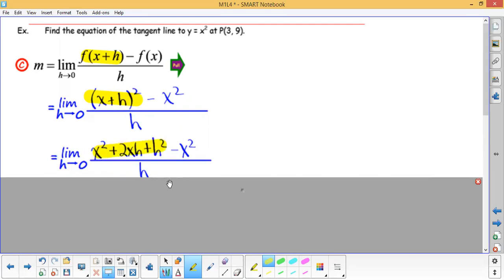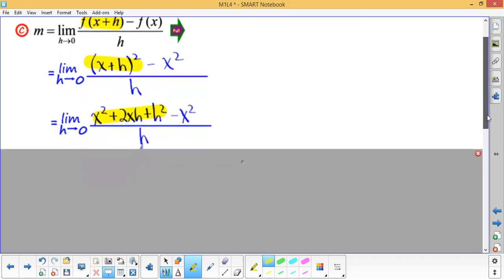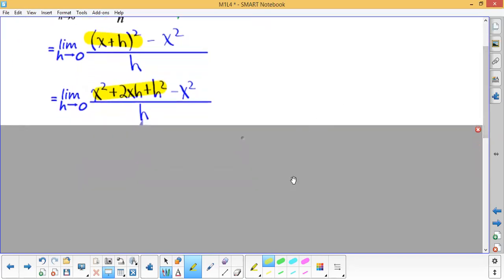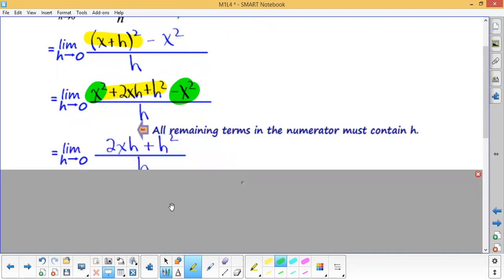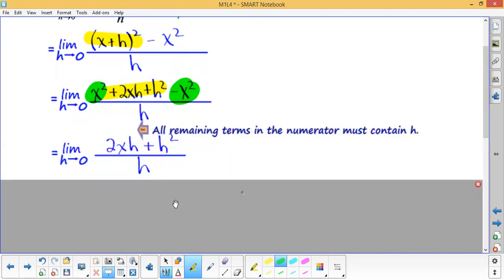So I hope by this point, now that you're in grade 12, you're not scared of algebra and variables. Now we can simplify the numerator, and you'll notice that this x squared eliminates with that x squared. So we have 2xh plus h squared all over h. All remaining terms in the numerator contain an h.